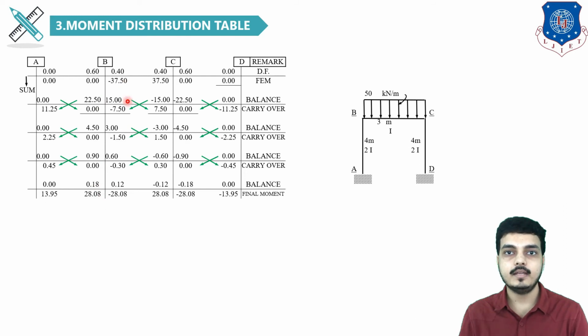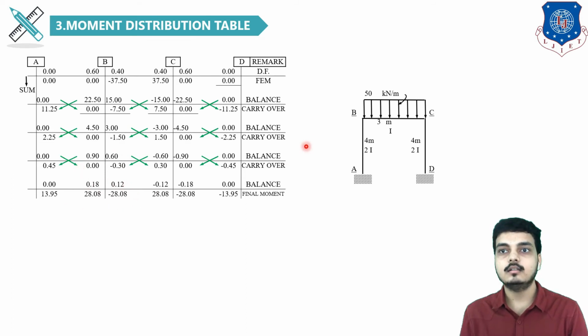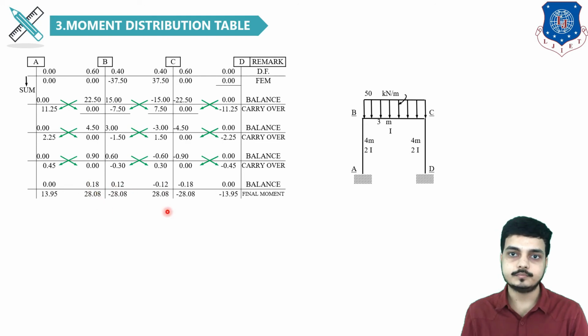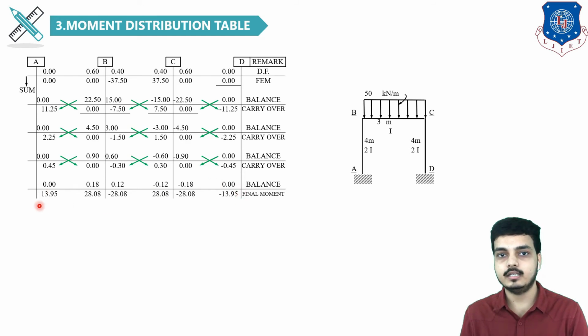Minus 37.5 plus 15 minus 7.5 plus 3 minus 1.5 plus 0.6 minus 0.3 and plus 0.2 will give minus 28.08. Here it is a pin joint, it does not resist moment, so the algebraic sum of moments equals 0. Similarly over here, because it is an identical frame, the value will be the same, and here minus 13.95 as here it was plus 13.95.